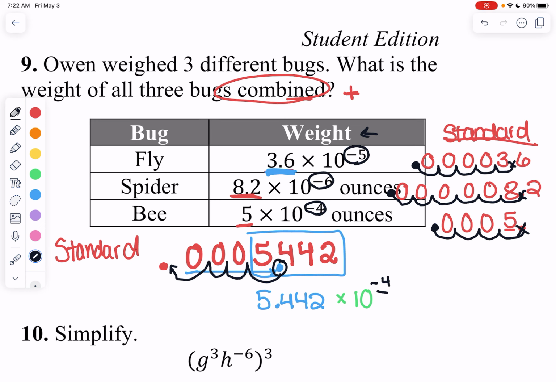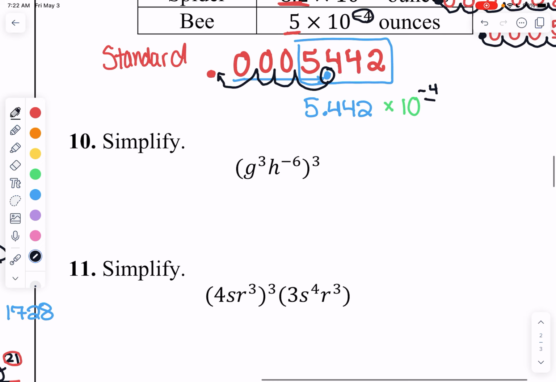Goodness gracious. Number 10 is what we're going to do next, which should be pretty simple because that is just our power rule again, and then a what the flip negative exponent. So, first step, I'm going to distribute my 3 on the outside by multiplying both of my exponents by 3. So, with my g, I drop the base to the power of 3 times 3 is 9. And then h, drop the base to the power of negative 6 times 3 is negative 18.